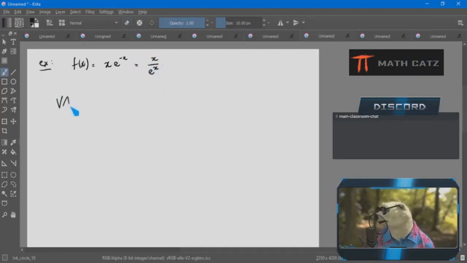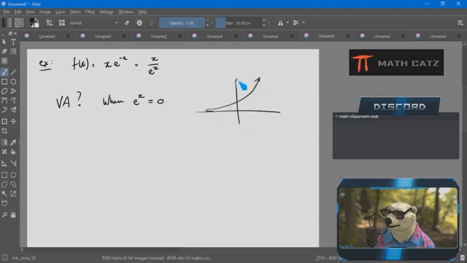And when I'm answering the vertical asymptote question, that's very appropriate because this vertical asymptote is only going to happen when the denominator equals 0. However, in this case, it's not a polynomial anymore, right? So I can't factor e to the x. But I know what e to the x looks like. I've memorized it. It's a basic function.